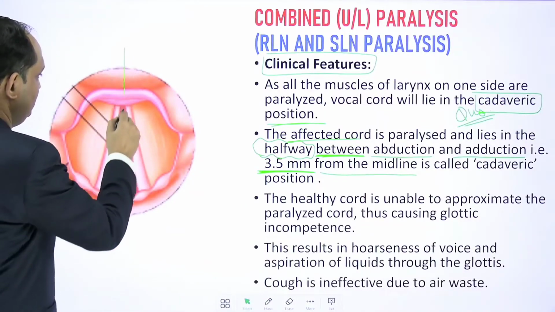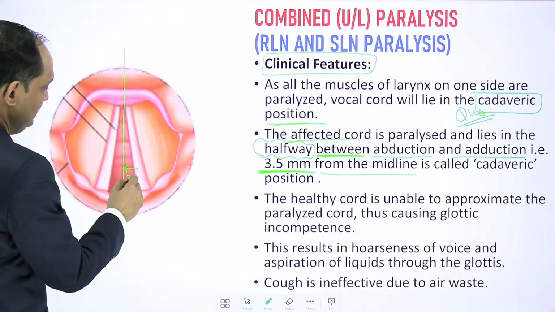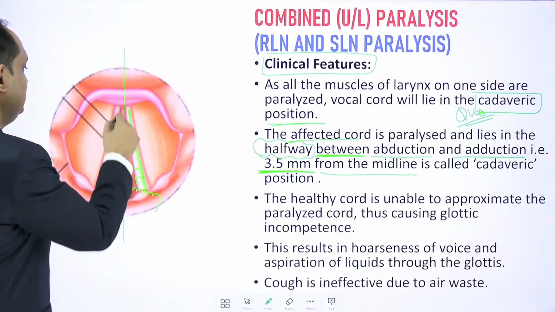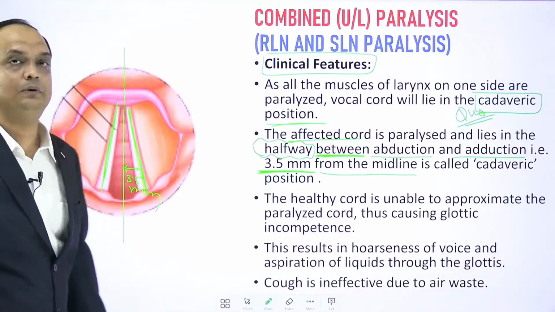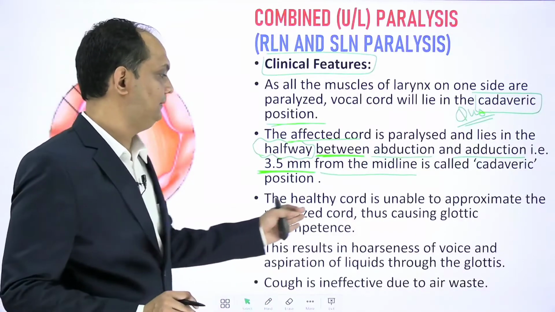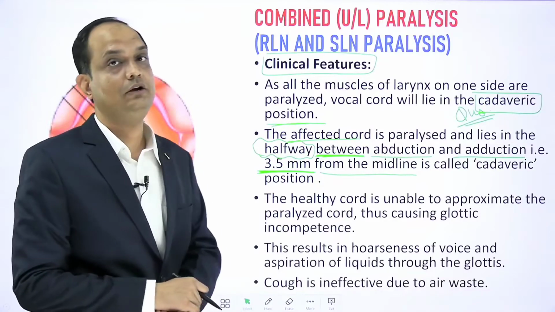So suppose this is your midline, and 3.5 mm from the midline, the position of the cords is known as the cadaveric position. The healthy cord is unable to approximate the paralyzed cord, thus causing glottic incompetence.